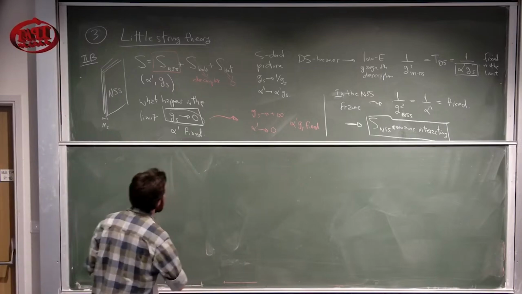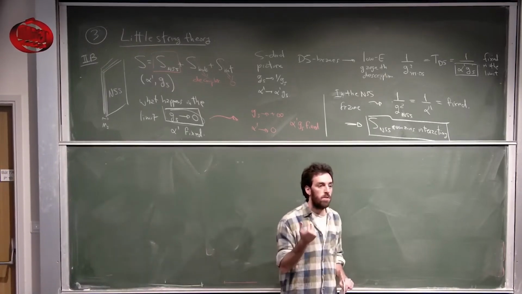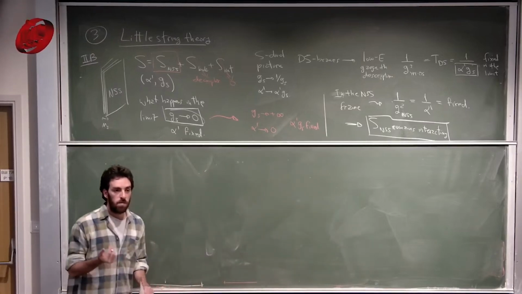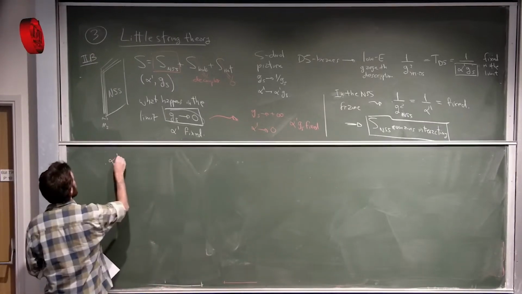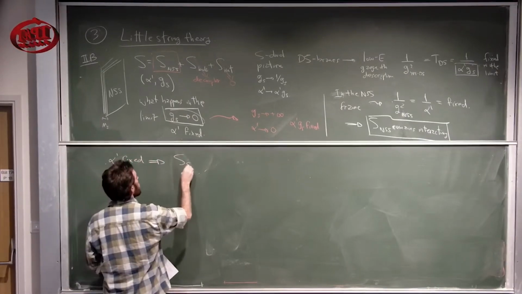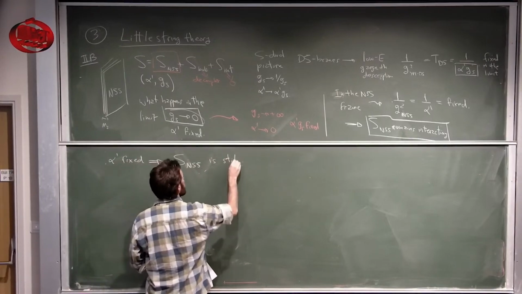Okay? But I haven't sent alpha prime to 0, which means that I'm not really doing a low energy limit. So alpha prime is fixed. Then the theory on the NS5 is still a string theory.